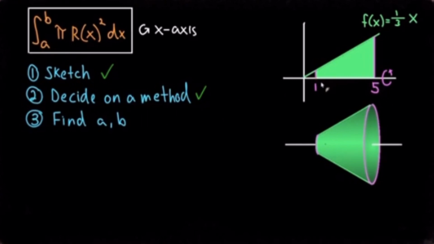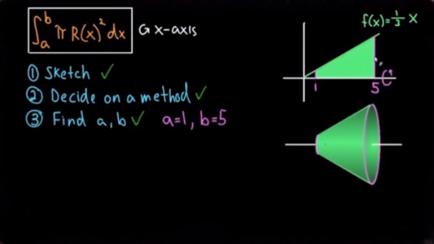It's pretty much given to us: the leftmost point of the area is just x equals 1 because that's the vertical line that's trapping it, and the rightmost is x equals 5. So these were pretty much also given to us. Just to be clear, we have a equals 1, the lower bound, which is the leftmost point of the area, and b equals 5, the upper bound, which is the rightmost x value of the area.